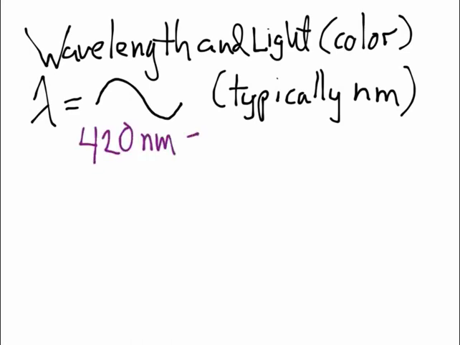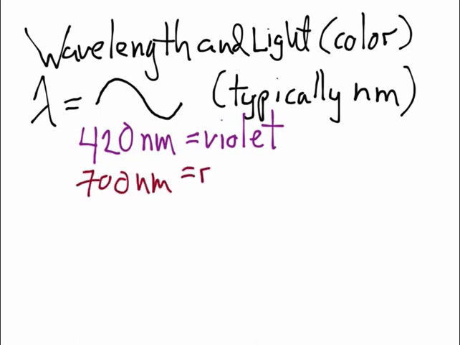In the visible spectrum, light with a wavelength of about 420 nanometers is the shortest wavelength, highest energy light we can see, which we call violet, and then you go all the way to about 700 nanometer light, and that's deep, deep red light. So from 420 nanometers to 700 nanometers is the wavelength range of the light spectrum that we can actually see.